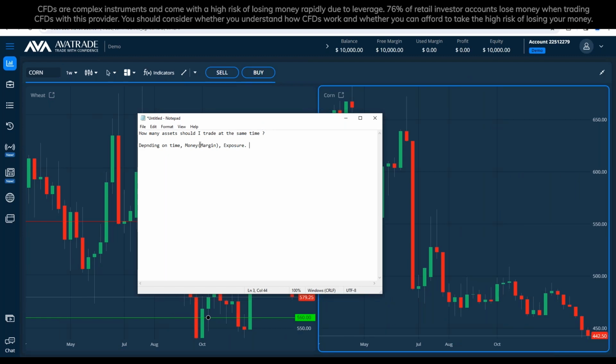But I need to remember that I need margin for that, and that I'm also exposed on both of the positions, which I need to consider if it's part of my strategy. So it depends on the time, on the money, on the exposure, and also experience.